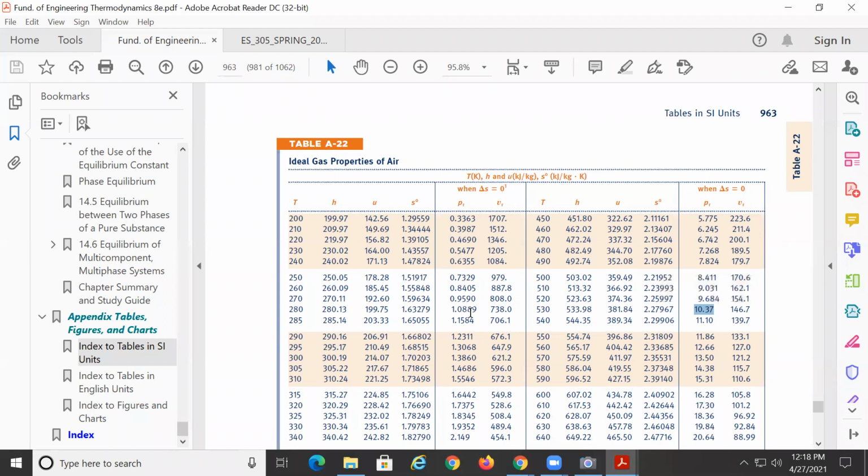So at 280, it is 1.0899. Thank you for that. 1.0889. So we do the calculation for PR2.